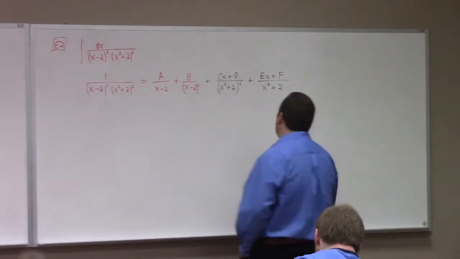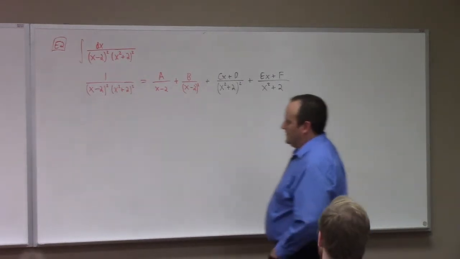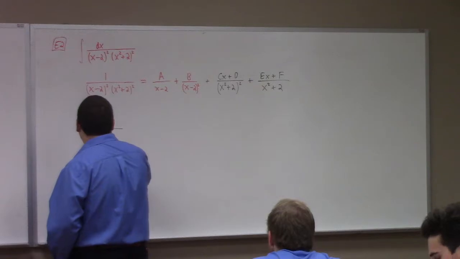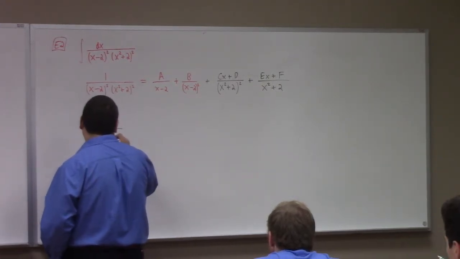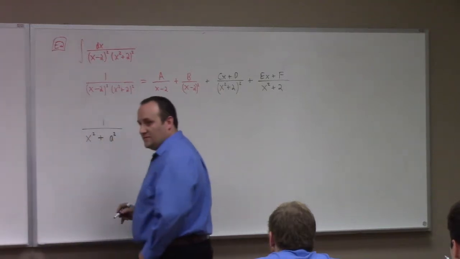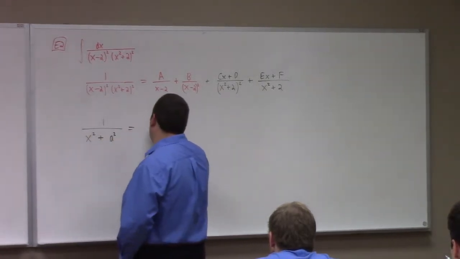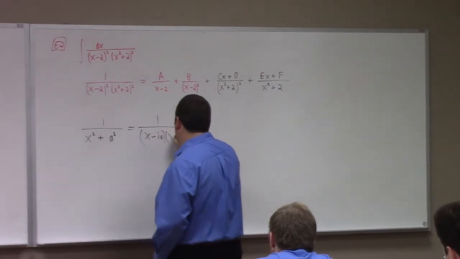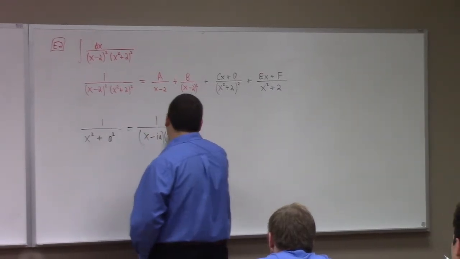I don't even know how I can get back to that. I guess the only way I can really give you an explanation is to do something like this. So x squared plus a squared, right? How does this factor? This is something like 1 over x minus ia times x plus ia, right?